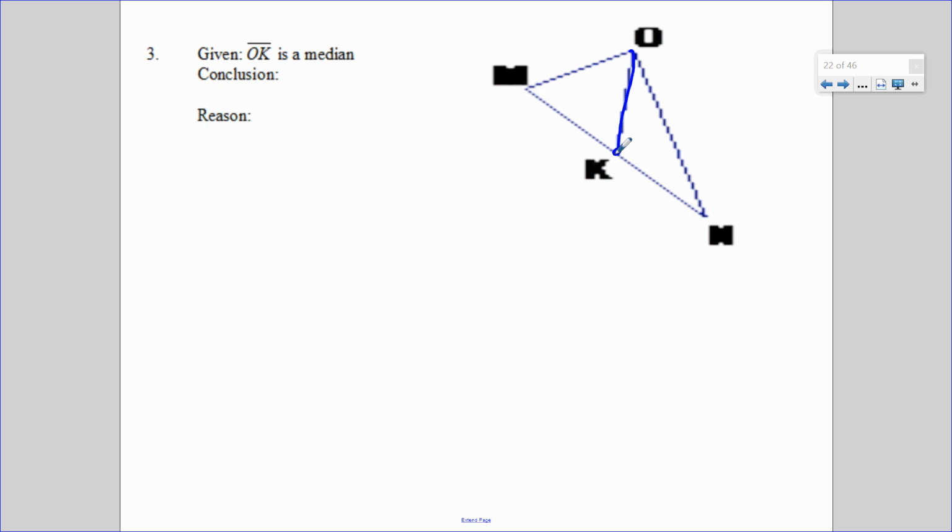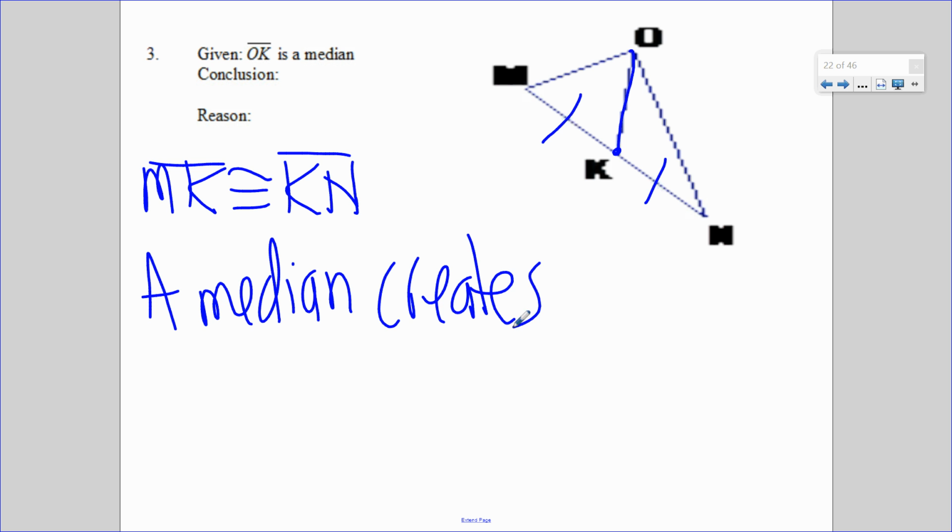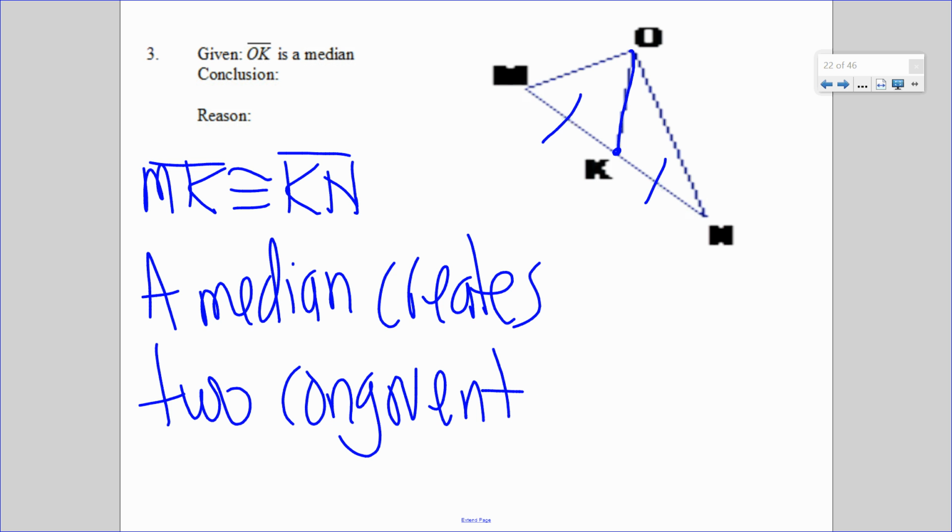Since K is the midpoint, that's the definition of what a median is. MK is congruent to KN is my conclusion, and my reason, a median creates two congruent segments.